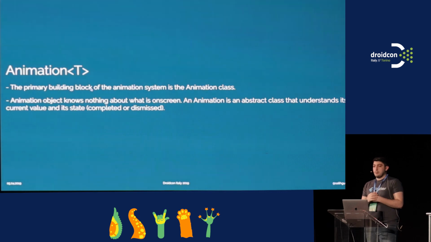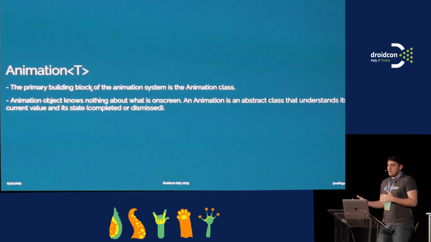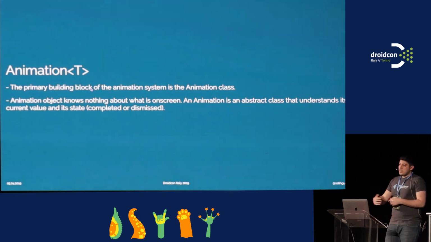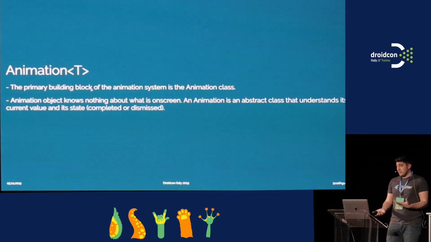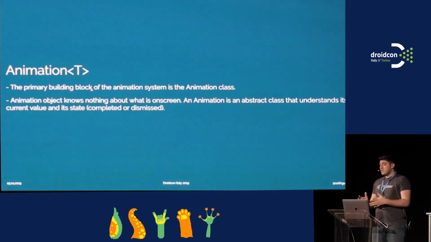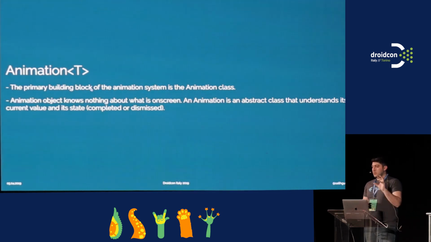And for us, it's animation. Animation is a class that gives you the information about the value that is currently getting animated. So this means, for example, when you have an offset, for getting the information about the current offset for the view that you are creating, you use an animation. And the animation class doesn't have any idea about the view on the screen, so it just gives you the information, and you use this information to create your views.